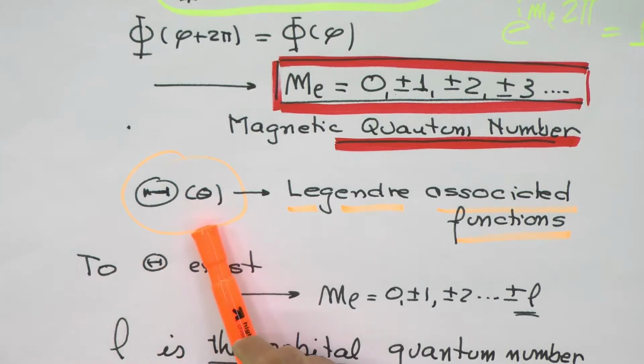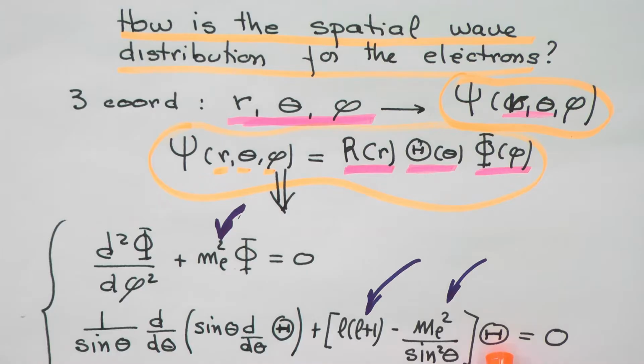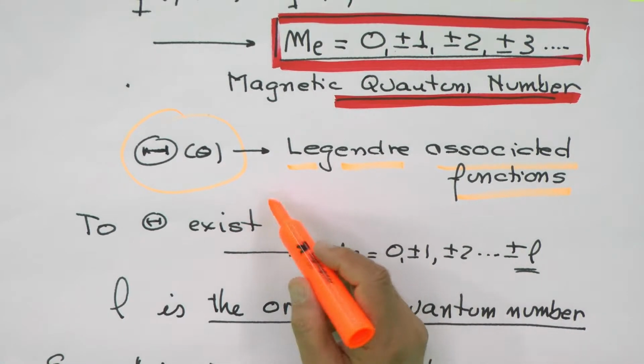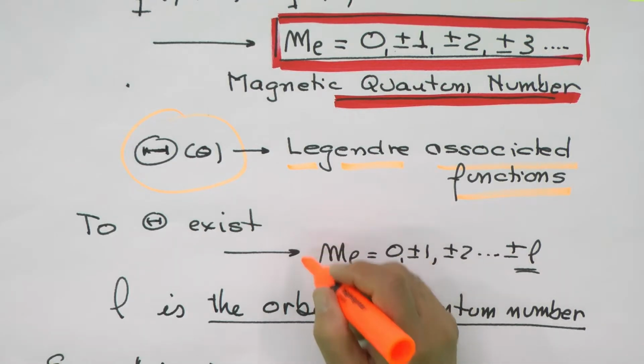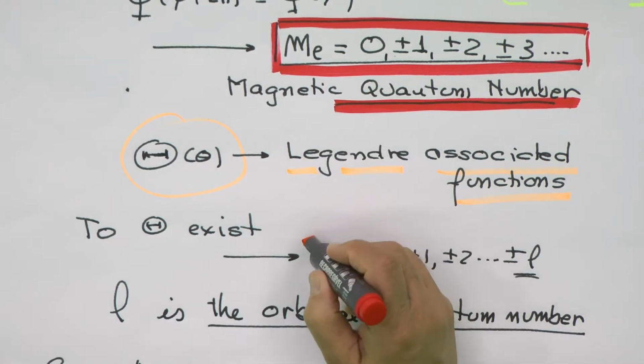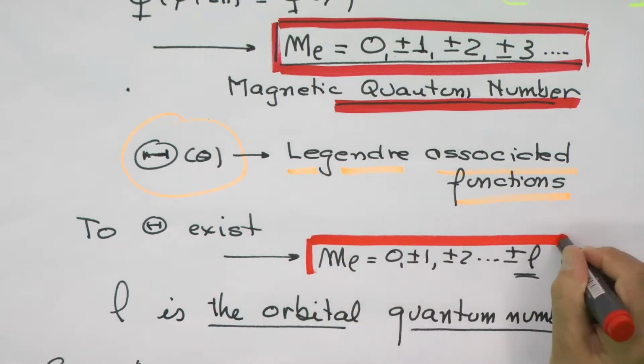And for theta to have a solution, there must be a connection between L and m_l: for the solution to exist, m_l must be bounded, not only being an integer like here, but not any integer, it must be bounded to plus or minus L.